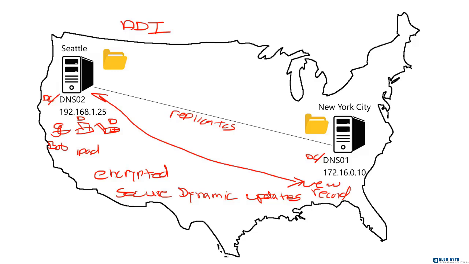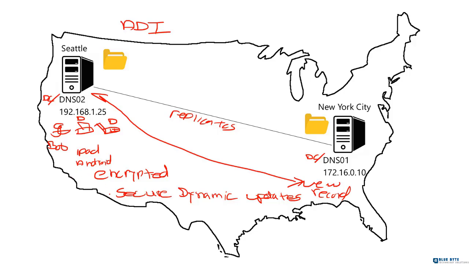If Bob has, say, an iPhone or Android smartphone, same thing. It connects to the network and obtains an IP address, so it can surf the internet and connect to resources, but it will never have a record created in DNS itself because it's not joined to your domain.